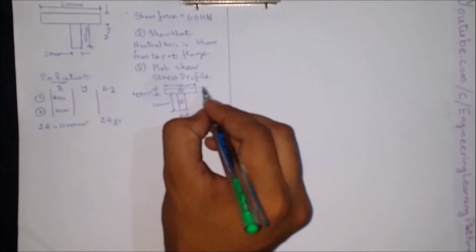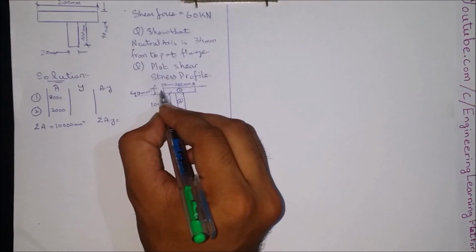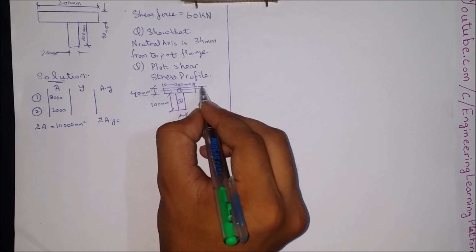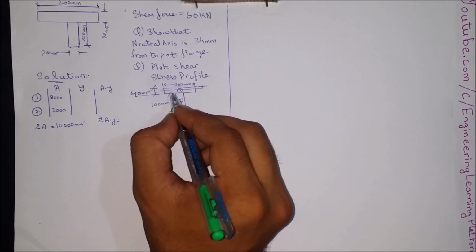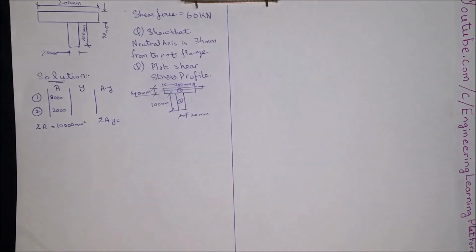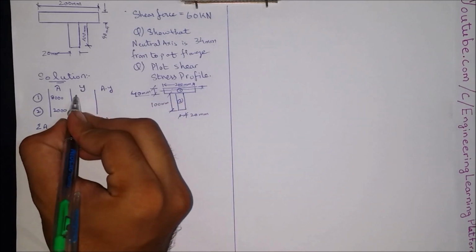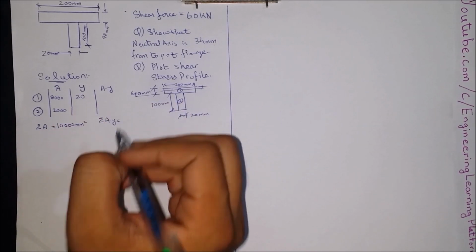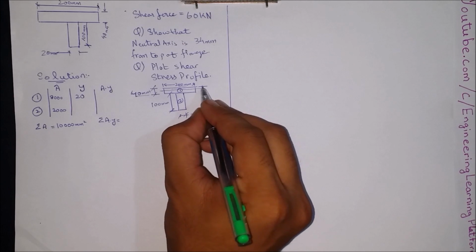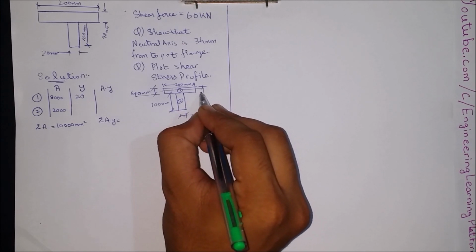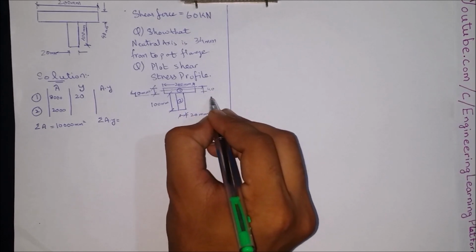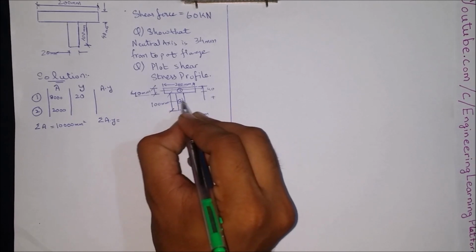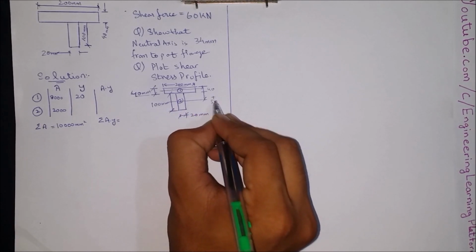So considering top as the reference, for shape number 1, the centroid is 20 millimeters, since it is a rectangle, so the centroid is at half of the height. For shape 2, we move past the 40 millimeters plus half of this rectangle, that is 50.